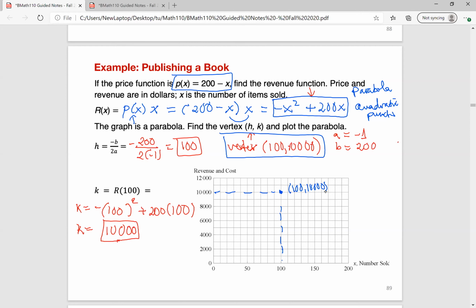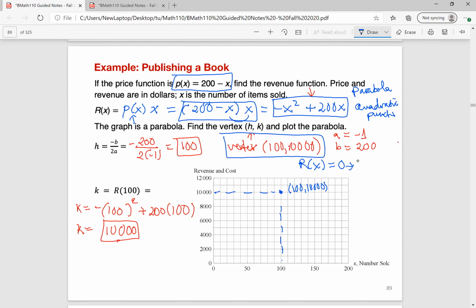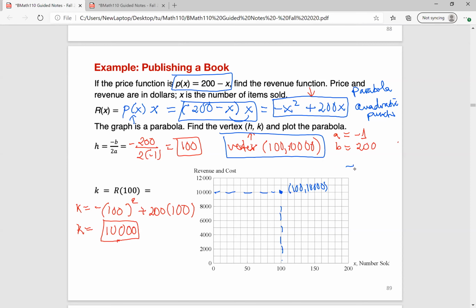If you would love to see the other two x-intercepts, you need to let the revenue equal 0. So let A of x equal 0, and use the factor form to make it easy.